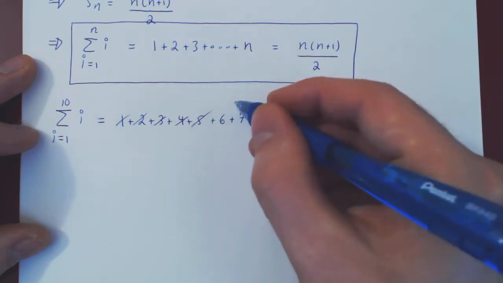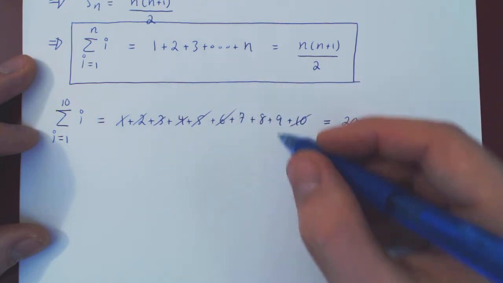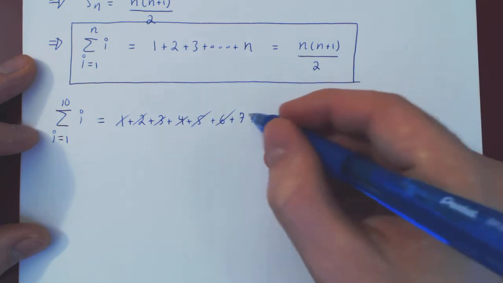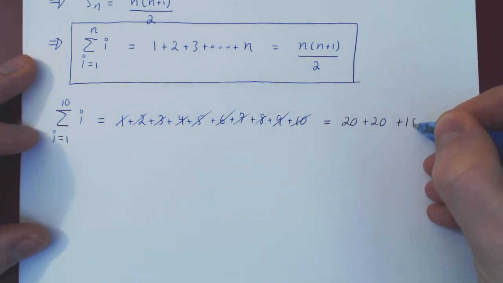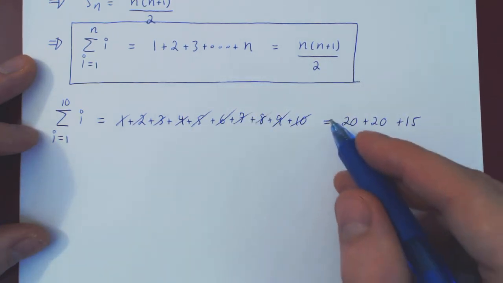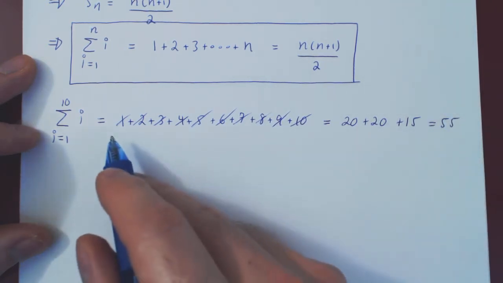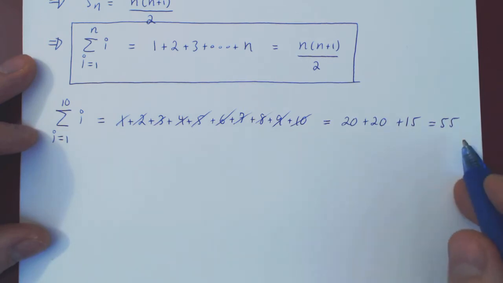Then 5 plus 6, 11, plus 9, 20. 7 plus 8, 15. That takes care of everything, and we're left with 40 plus 15, 55. So if we add the first 10 positive integers, we get 55.